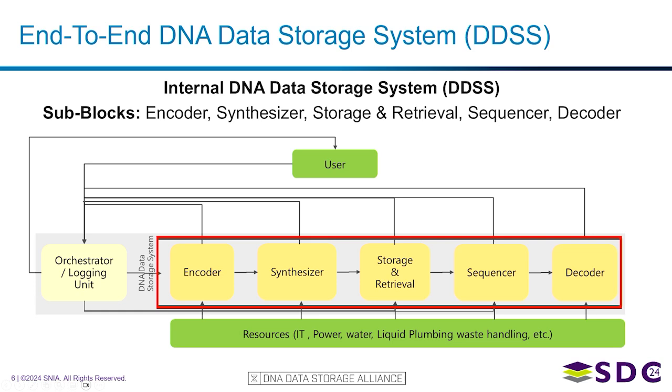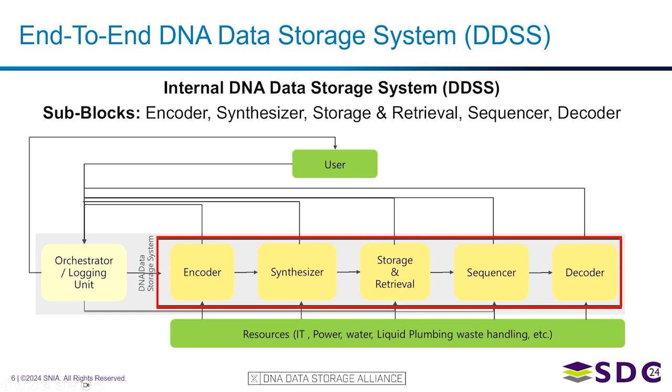Along with that, you also see an orchestrator block shown over here. We'll double click into this block in just a minute, but this is essentially the concept of the main brain of the end-to-end system. So it is basically channelizing all the transactions and keeping a visibility of everything. Before we double click into that, one more thing shown down below over here are the extra resources that might be needed for the system's functioning.